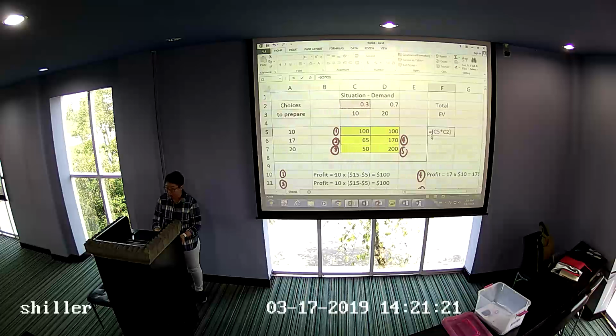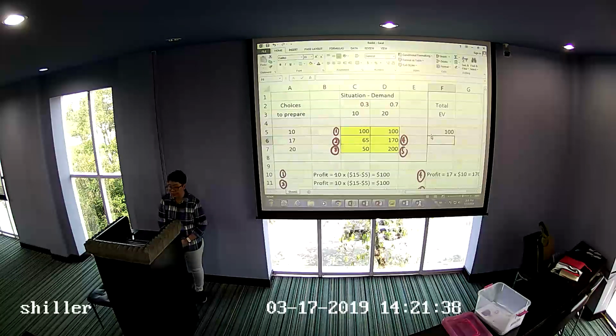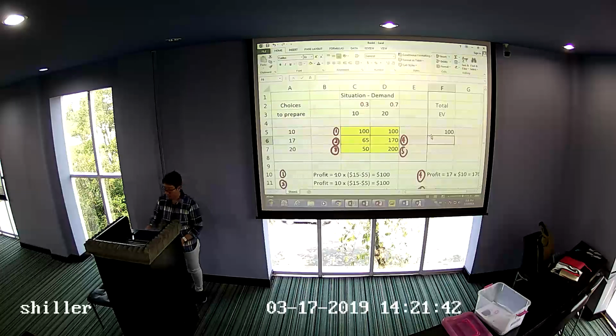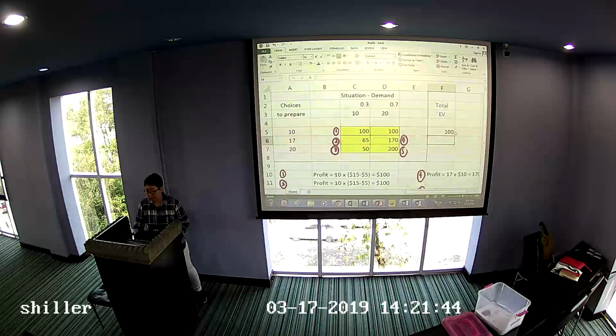Understood? Plus the second 100, right? Multiply by what? That probability, right? So this is the EV for the first choice. Okay? Not sure if I can remove.